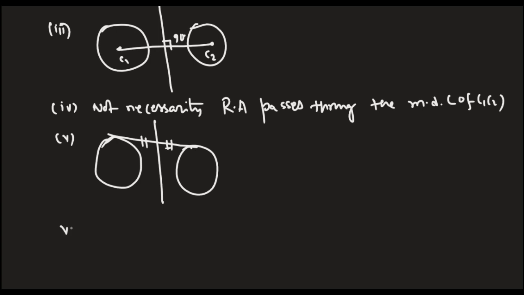Now point number 6: if two circles don't have any radical axis, that means the circles are concentric.